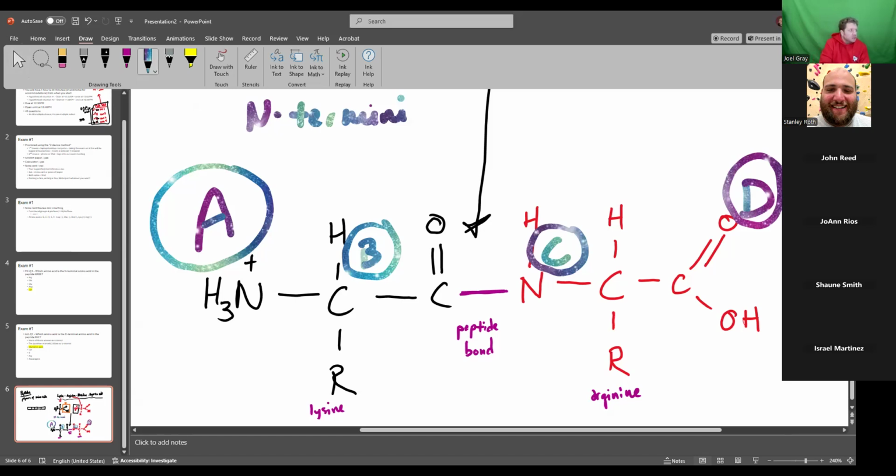N, in this case, is referencing nitrogen. So this is asking basically, which end of this molecule has the nitrogen? Or which letter? A is my N termini.